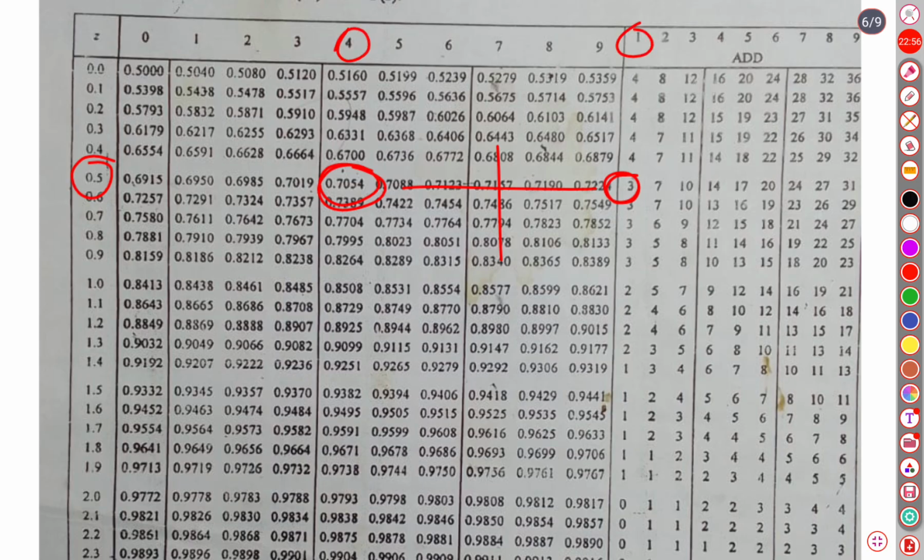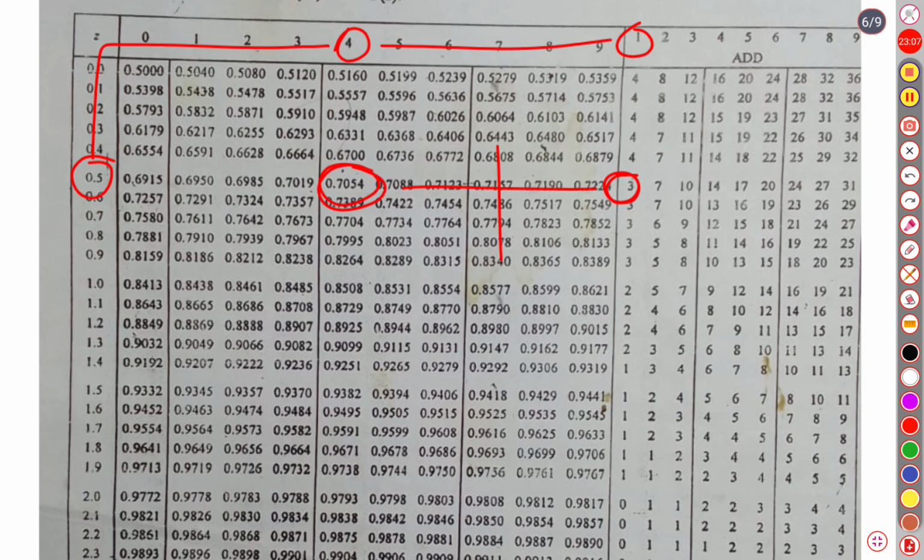So it is going to be 0.541 for the closest corresponding probability. So our z-score is 0.541.